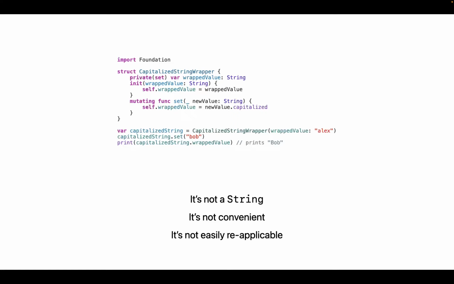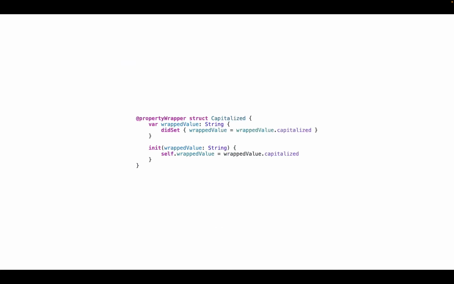So in Swift, the solution looks like this. You're also creating a struct, and this time we're calling that Capitalized, and you can mark that as a property wrapper. When you do that, you have to provide a property called wrappedValue, and also an initializer that takes a wrapped value.